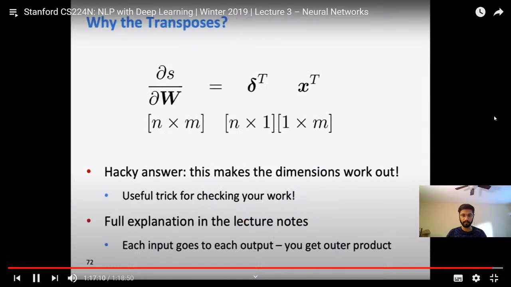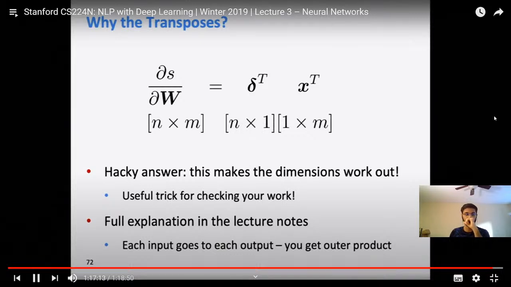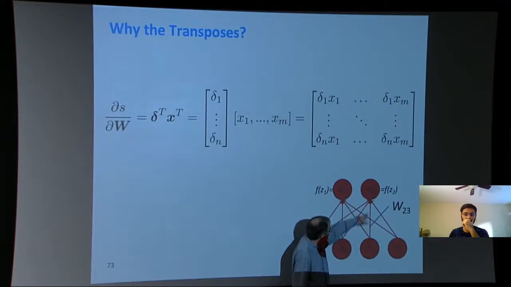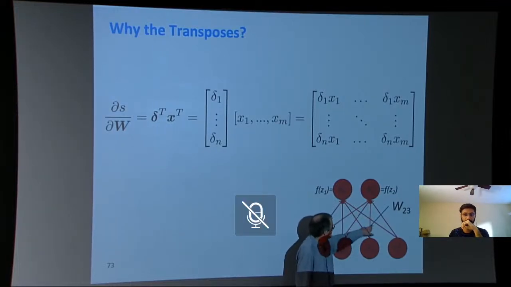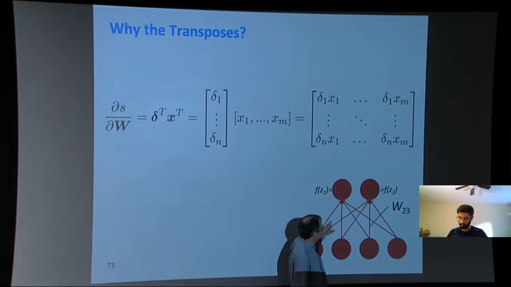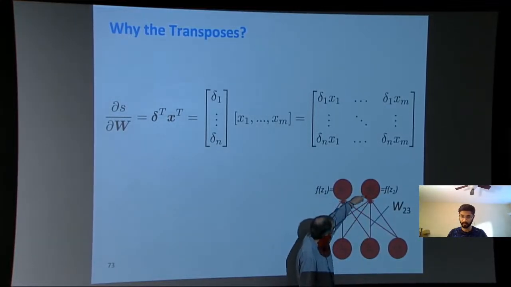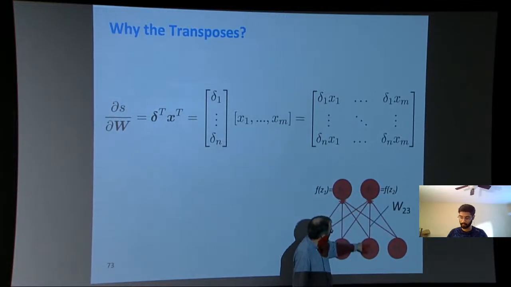We're working out an outer product of them. The way to think about this is that the elements of the W matrix are these different connections between our neurons, and each one of these is connecting one output to one input.